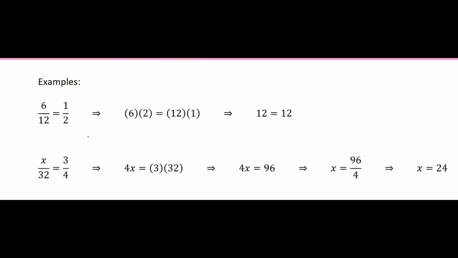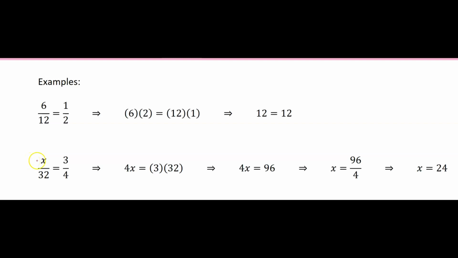Okay, in the second one, we're going to solve for the unknown value x, that is the numerator over 32, to make an equivalent fraction to 3/4. And so this is how many 32nds are equal to 3/4.